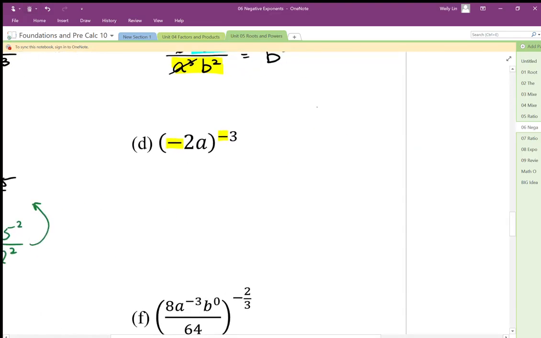The negative number and negative power are two different things. They're completely different from each other, and they don't interact.